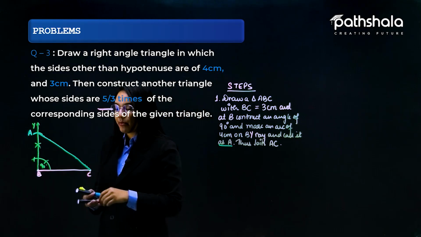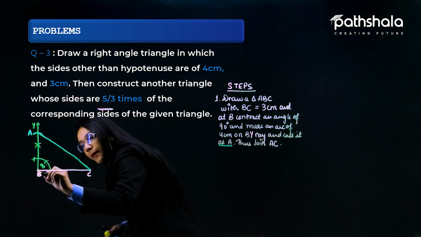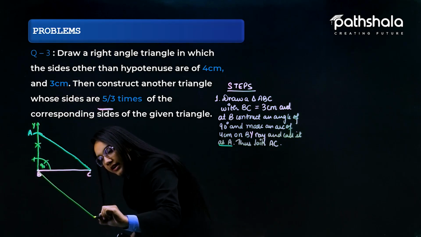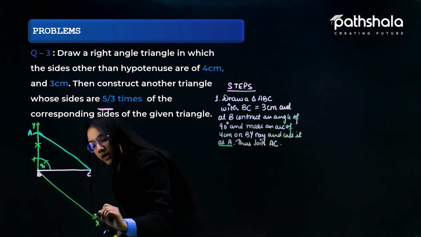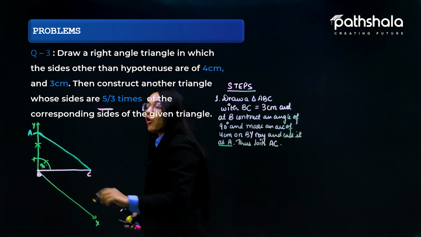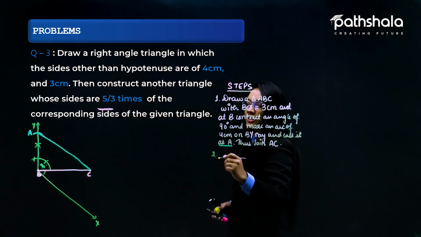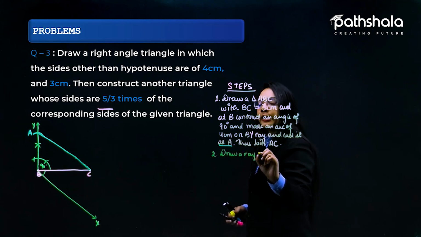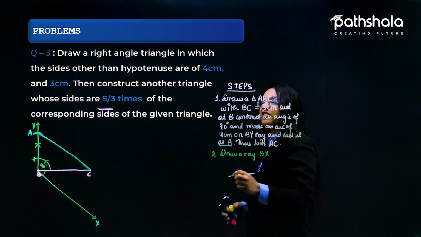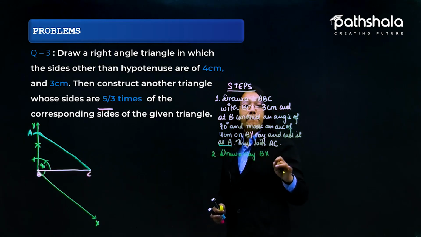The second step would be to draw a ray BX such that it forms an acute angle. I'm skipping that part and just writing: draw a ray BX.